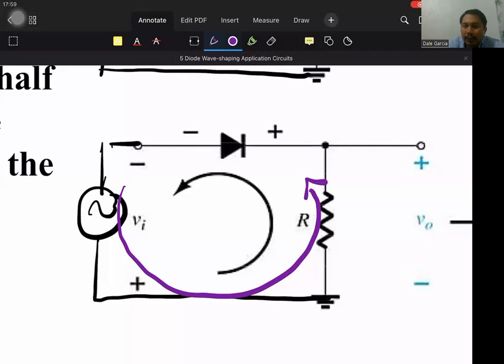So, 1, 2, 2, 2. Okay, thank you guys for the response. The diode is reverse biased if the direction of the circuit current does not coincide with its own direction.